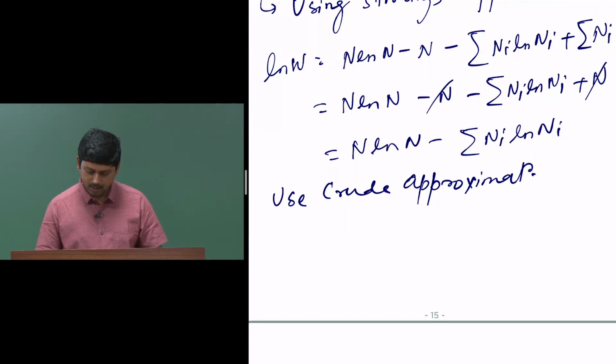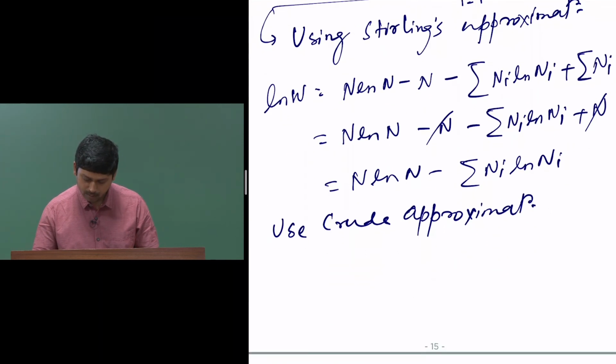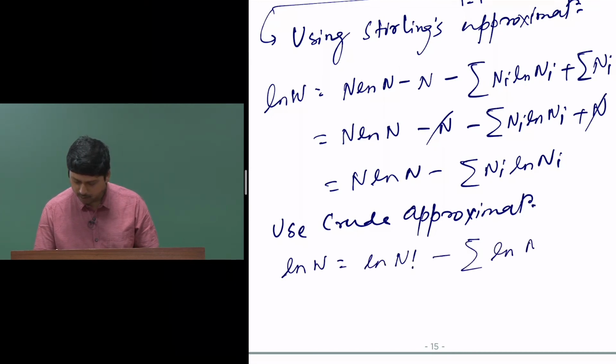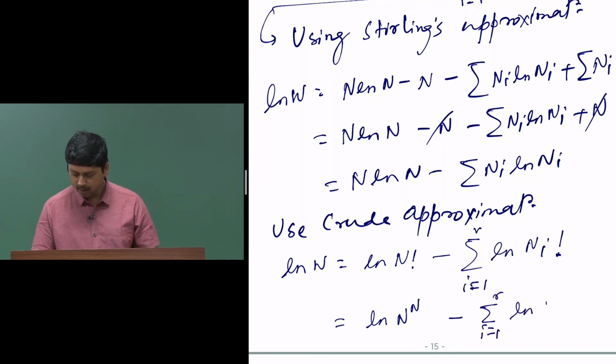So, then in that case, we will start from here. ln W is equal to ln n factorial minus sum over ln ni factorial, i equal to 1 to r. Now, here we have to use n to the power n, right. So, ln n to the power n minus sum over i equal to 1 to r ln ni to the power ni.